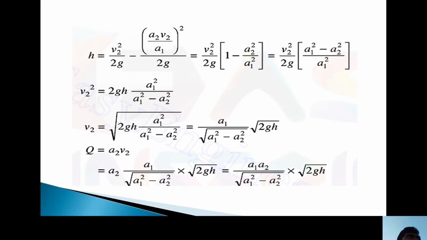Substituting the V2 value in Q equals A2 V2, we get Q equals A2 into A1 by root of (A1 square minus A2 square) into root of 2GH. Therefore, the equation is Q equals A1 A2 by root of (A1 square minus A2 square) into root of 2GH.